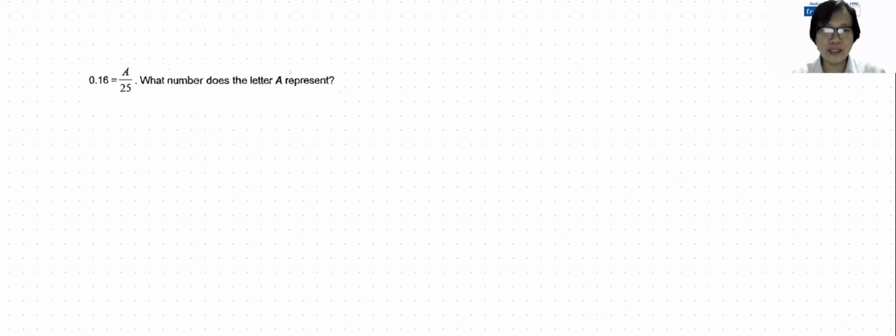So 0.16 times 25, and 25. So what is going to happen? Well, these two cancel each other out, leaving us with A is equal to 0.16 times 25. So A is 0.16 times 25, which is 4.